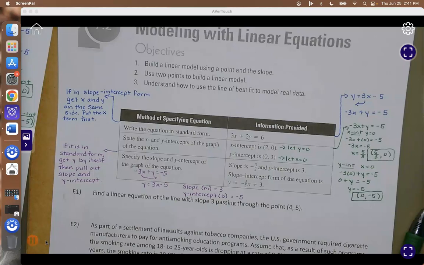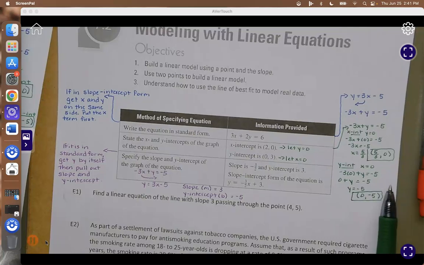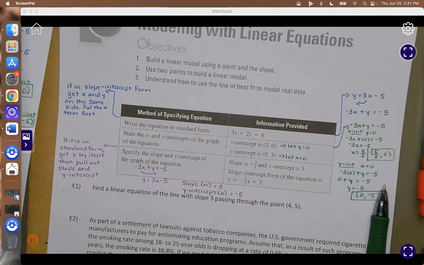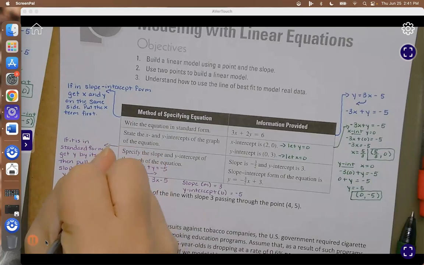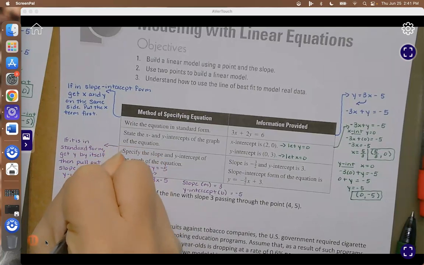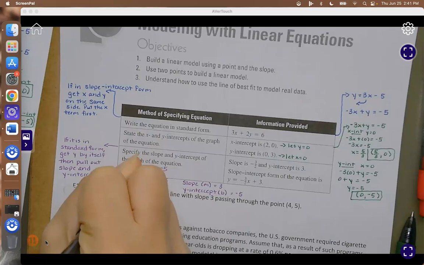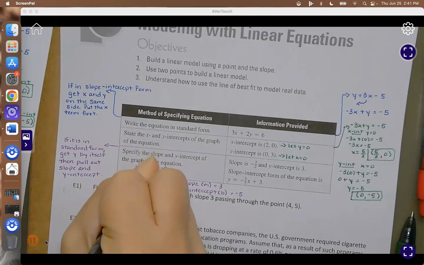Okay, now the next problem that they want us to work is find a linear equation of a line with a slope of 3 and passing through the point (4, 5). So they told us that the slope is 3, so this is our m.